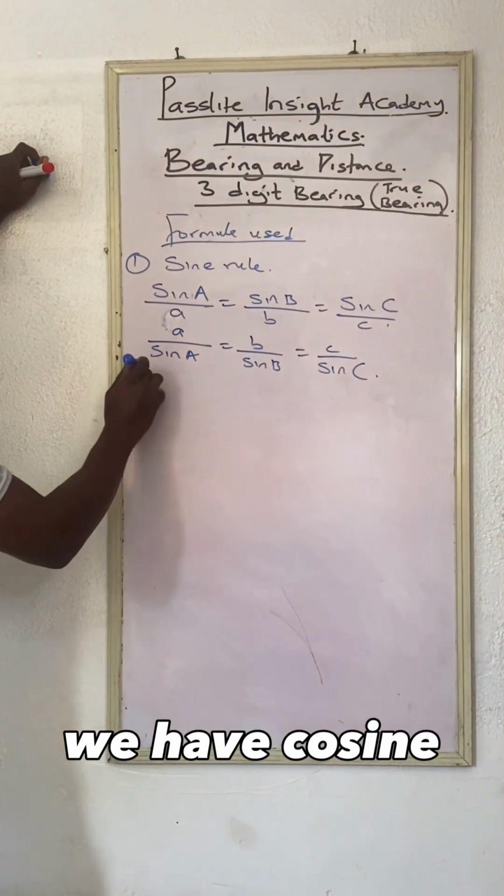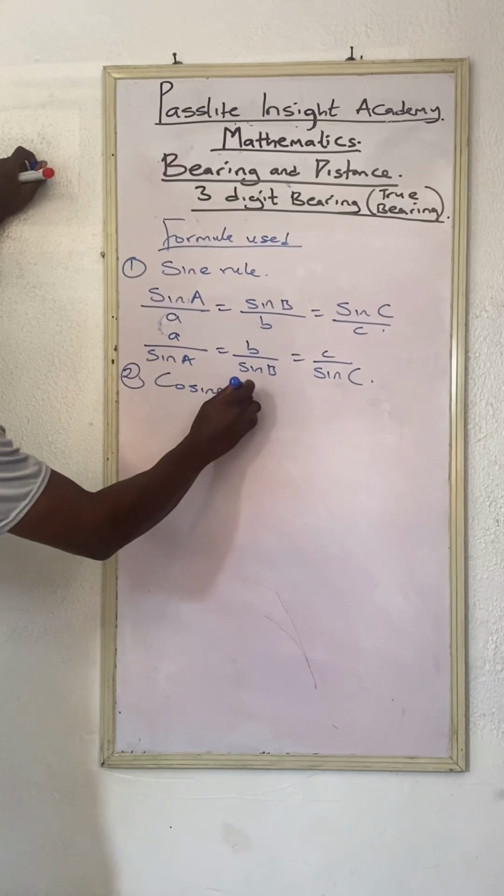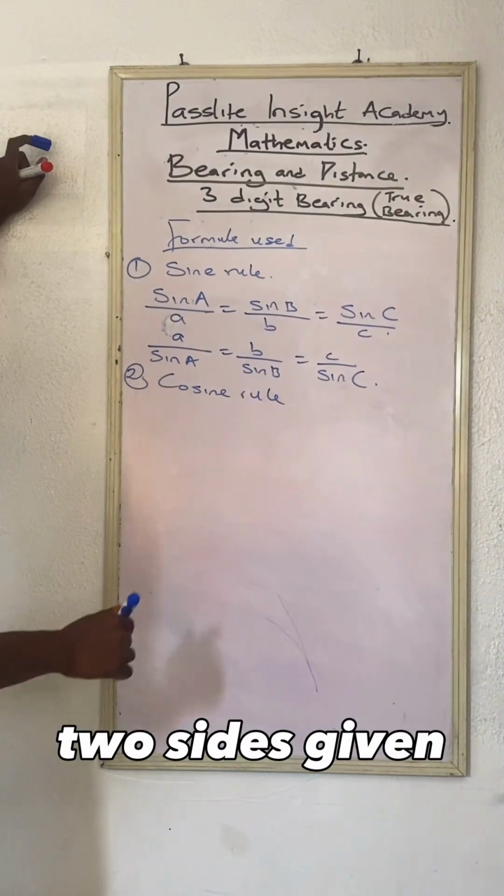Number 2, we have the cosine rule, when you have two sides given.